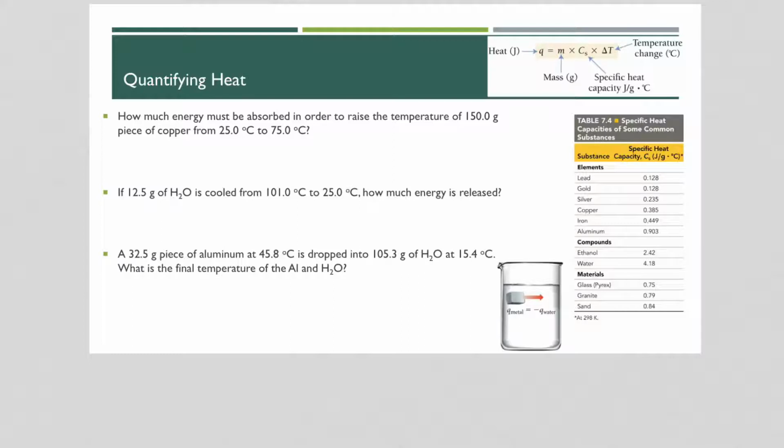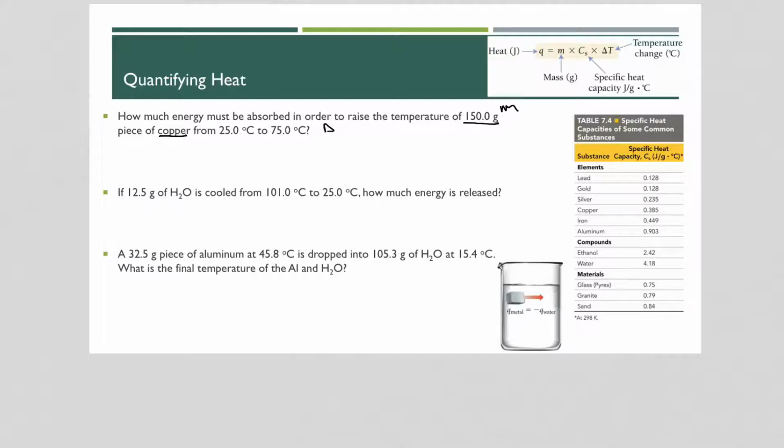If we think about our equation, we have Q equals mass times specific heat times delta T. So what do we know? Well, we have the mass here, 150 grams. We know what the material is, so we can find its specific heat. And we have the numbers necessary to get my delta T.